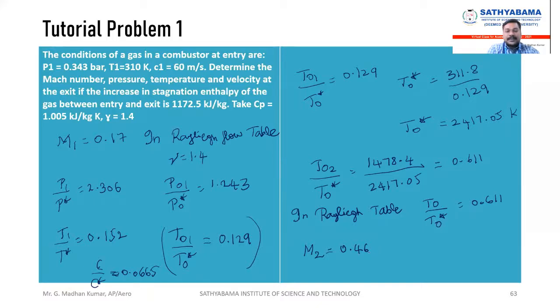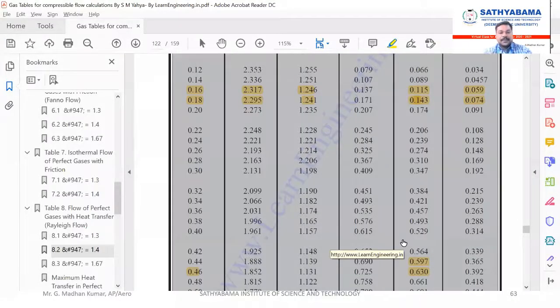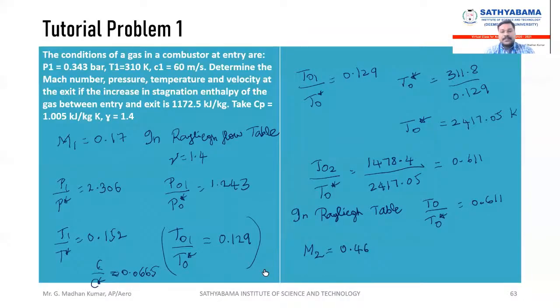Still, we have to estimate pressure, temperature, and velocity, right? So we have to write the remaining ratios. In the same table, we have to find P by P star. What is your P by P star value? 1.852. Okay.